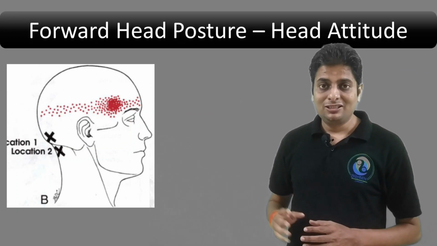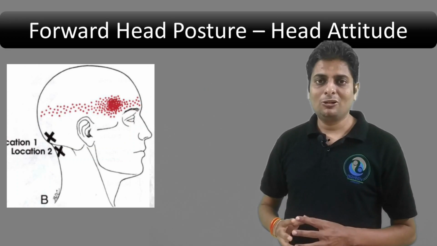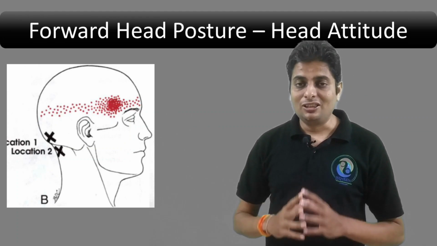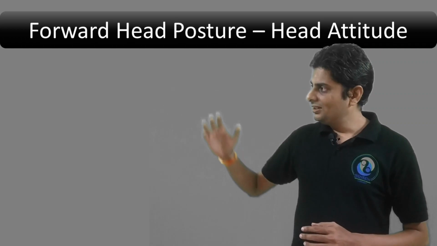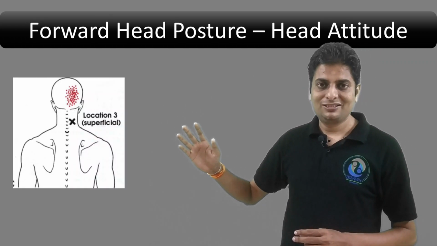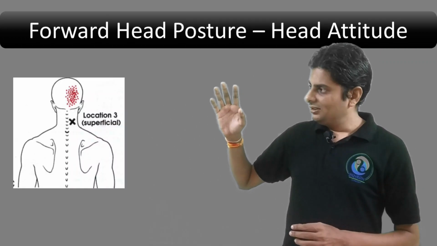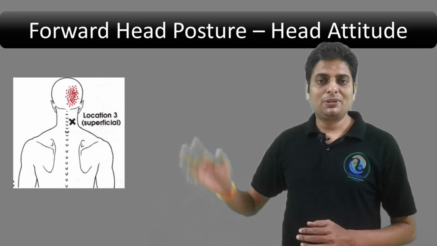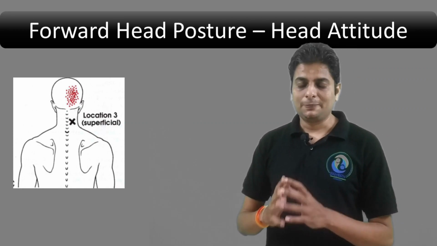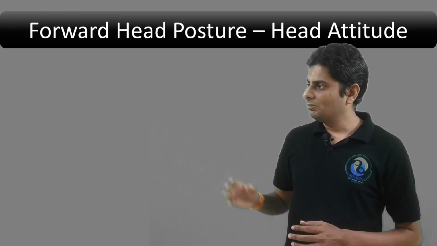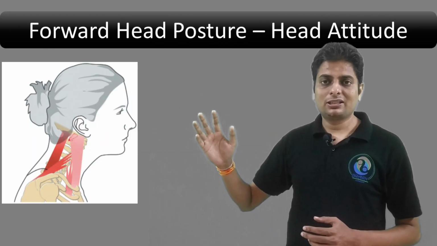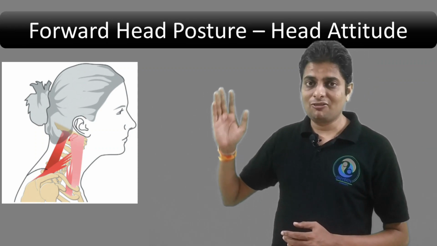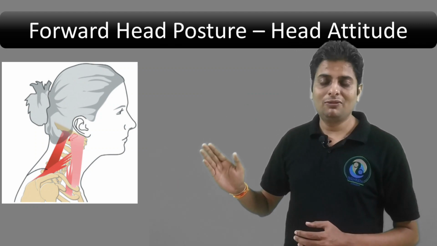Along with this, the upper part is also responsible for entrapment of the greater occipital nerve. In the lower part, this part can refer pain into the ipsilateral occipital area. So, two important muscles, rectus capitis posterior major and semispinalis capitis, are working very hard to level your eye and head coordination.